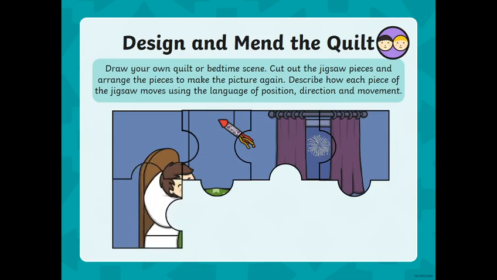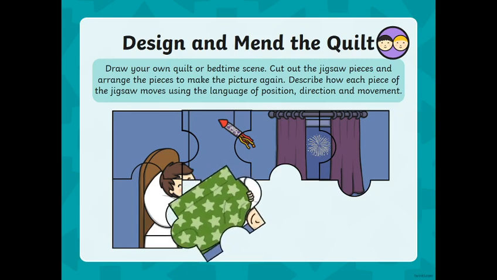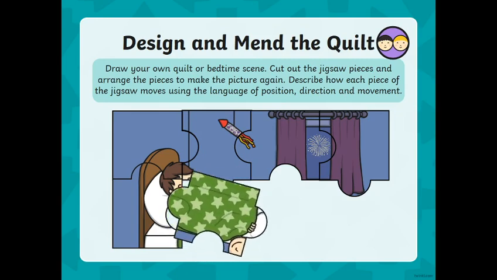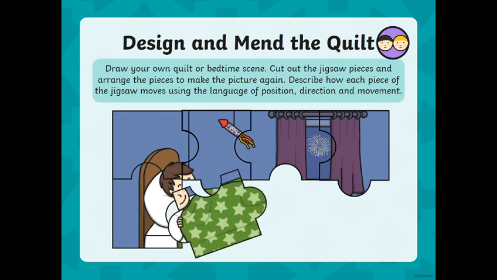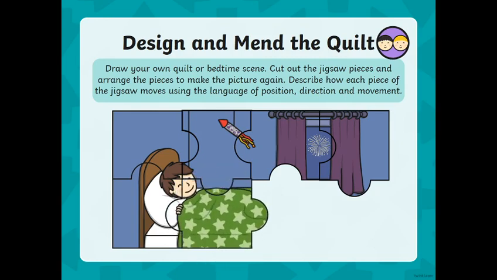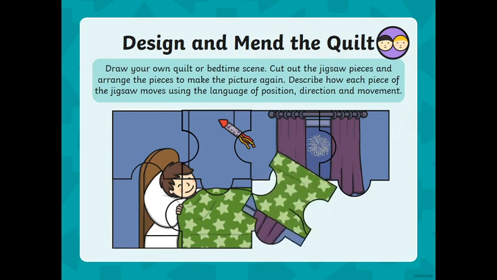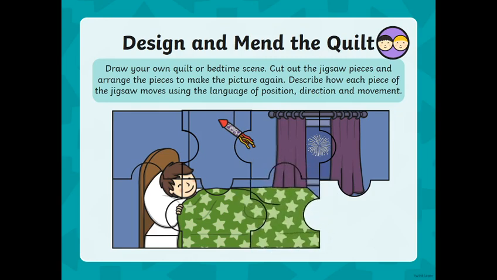So here, my jigsaw piece did an anti-clockwise turn. And there, to get my jigsaw piece into position, it did a 3/4 turn in a clockwise direction. Quarter, a half.